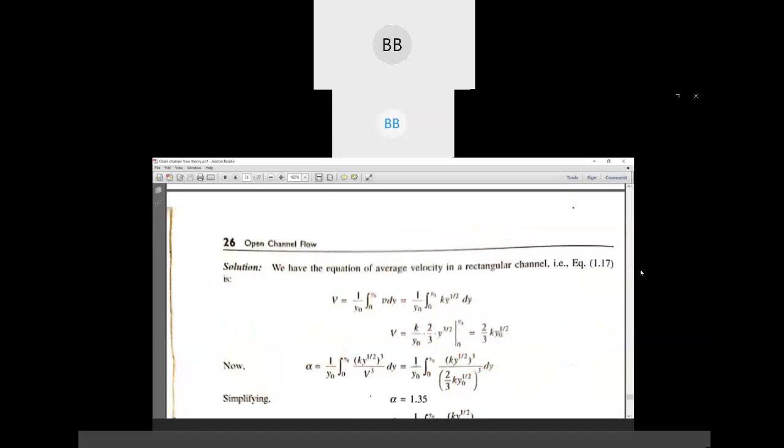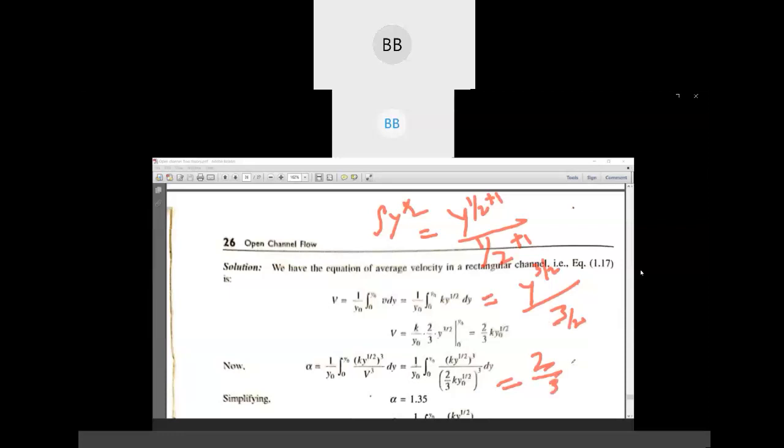Integrating y to the power half gives y to the power half plus 1 divided by half plus 1, that is y to the power 3 by 2 divided by 3 by 2, which you can also write as 2 by 3 multiplied by y to the power 3 by 2. k is constant, so it comes out.